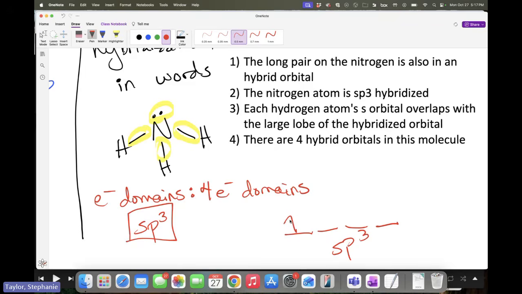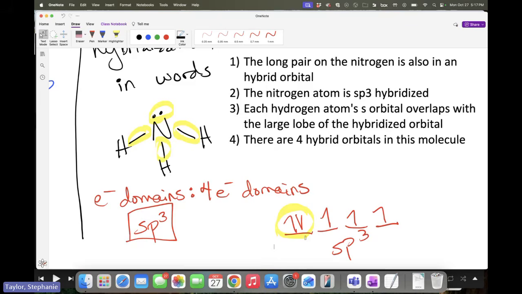The lone pair counted as an electron domain, so that lone pair still needs that same geometry, still needs that same distance away from everything else.